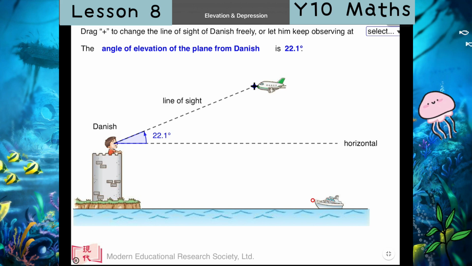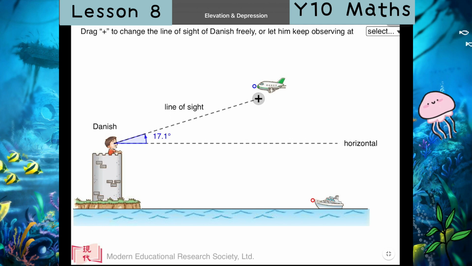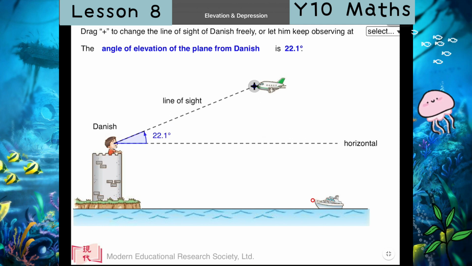Now you look at the horizontal. If Danish is not looking anywhere, it's just straight horizontal like this. This is eye level. Danish is looking at the horizontal line, looking straight only. Now he's looking at the aeroplane. If he's looking at the aeroplane, it will form an angle.